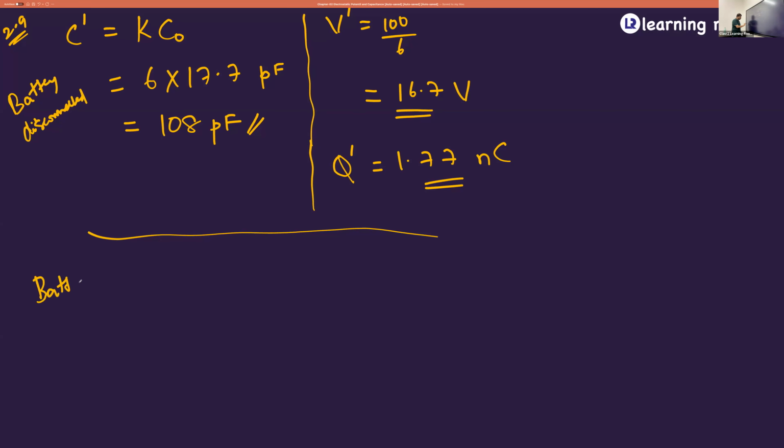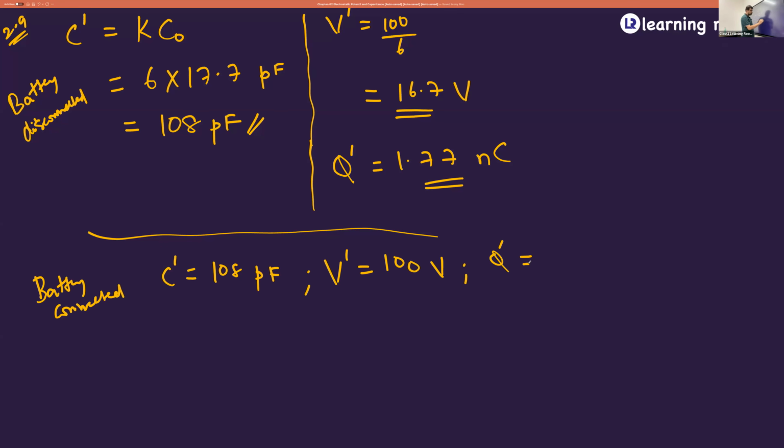It would have been 100 volt. What would have happened to Q dash? It would have become 6 times 1.77. How much is it? 10.2, sorry, 10 point something nanocoulomb. I am not concerned about the answer, but you understood the concept. So this is the change that will occur. So you can expect these kinds of questions. Okay.